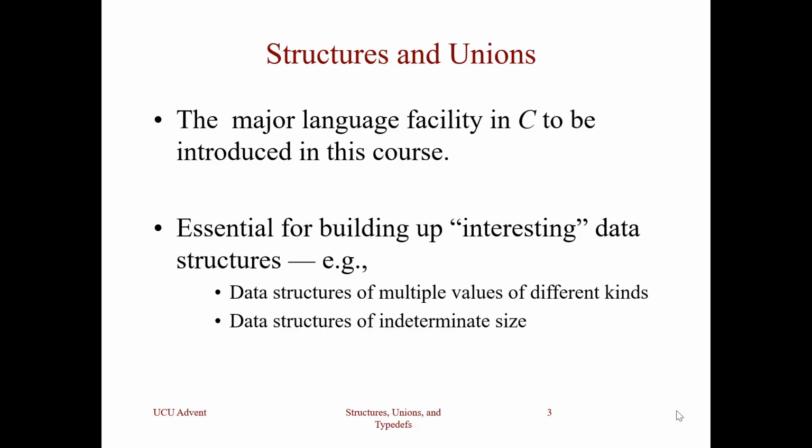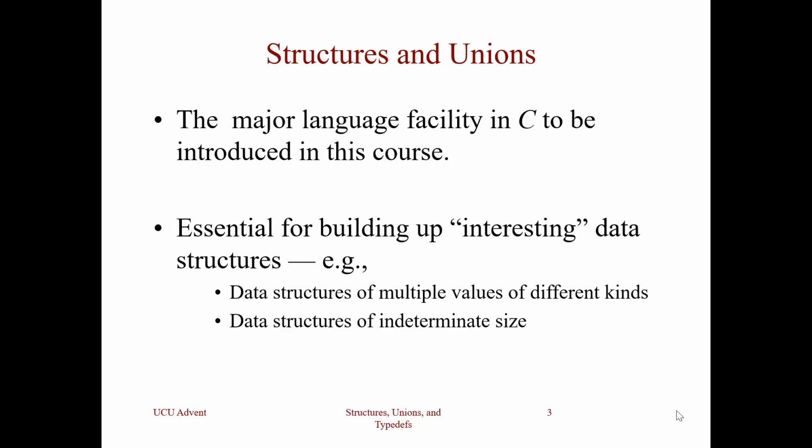When we talk about structures and unions, these are major language facilities in C that we can introduce in our course so far. They are essential for building up interesting data structures, something that can be very dynamic.